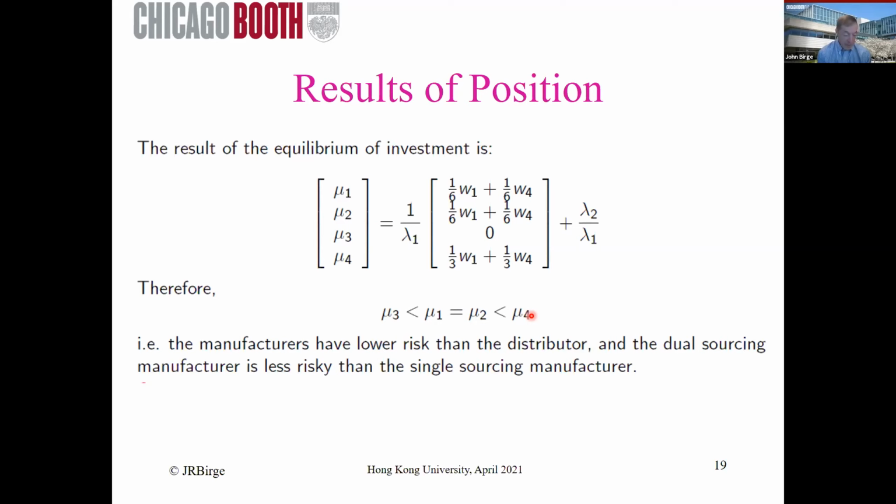So it says that depending on where a firm is in the supply chain, whether it's manufacturing or distribution, whether it's upstream or downstream, may have an effect on the exposure of that firm to the overall risk of the supply chain. Firms that have more hedging are maybe less exposed to risk, at least if they're manufacturing.